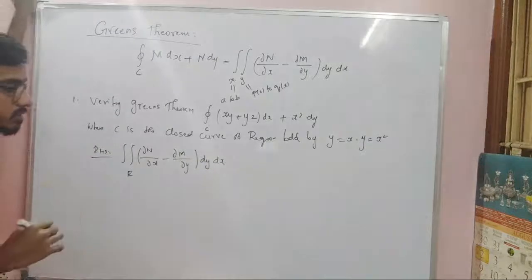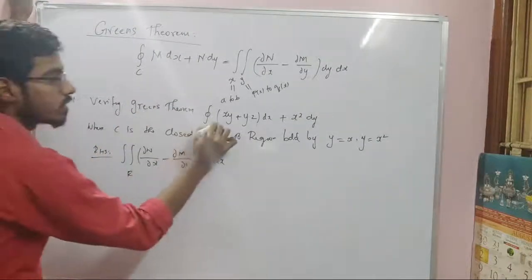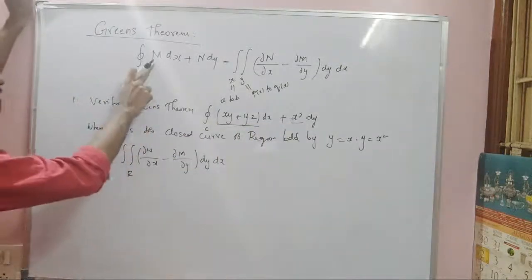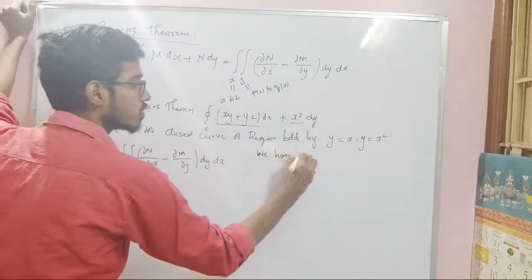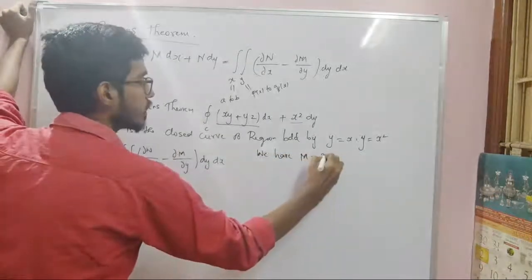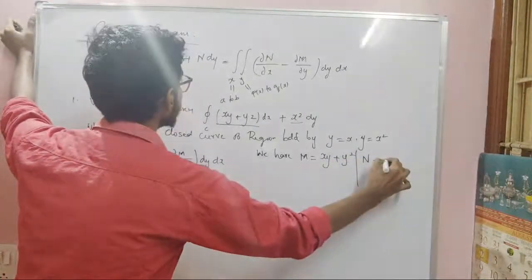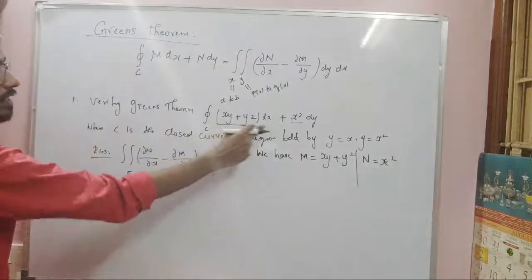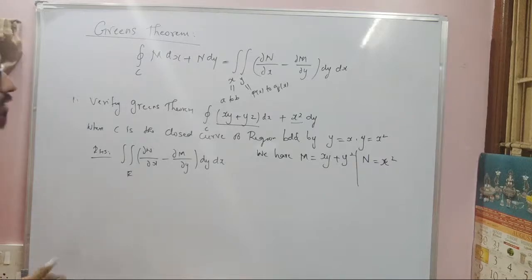Now when you compare this with the LHS, m dx plus n dy, we have m equal to xy plus y square, and n equal to x square.